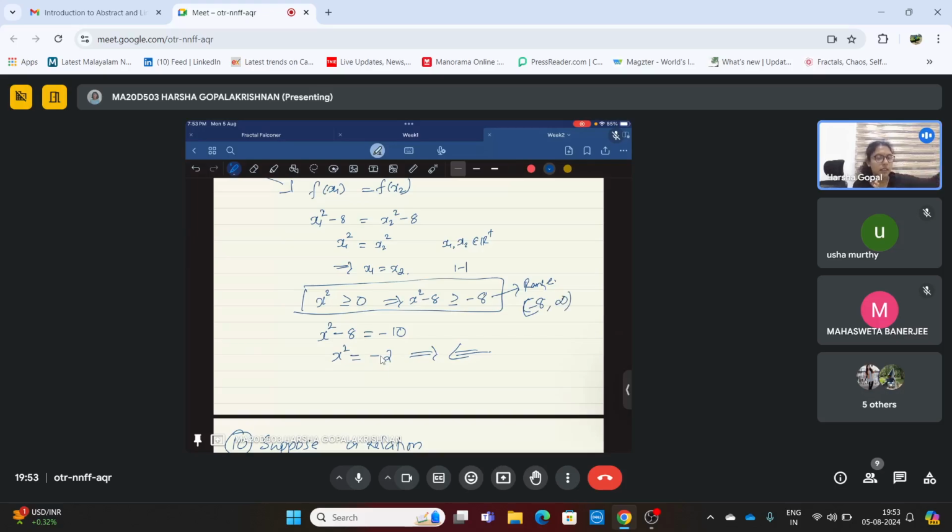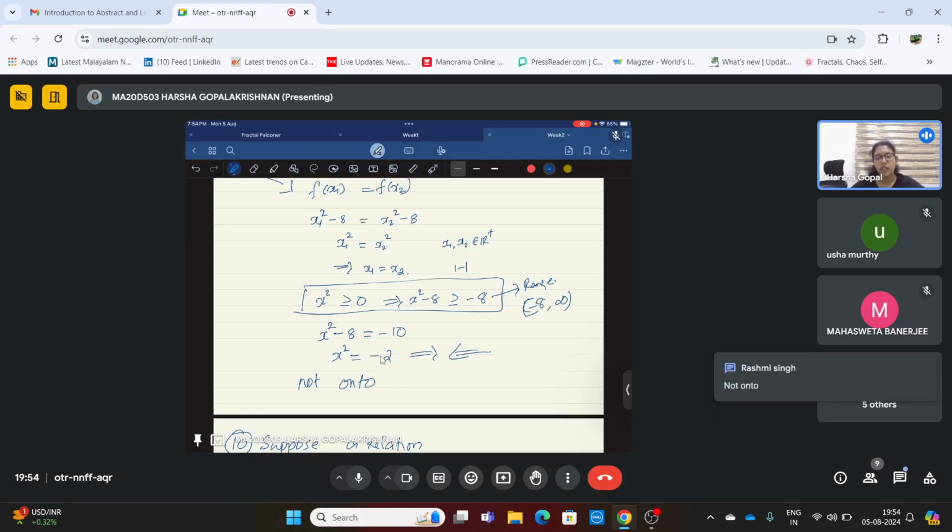That means from minus 8 to the whole real number line on the right side. So on the left side, those elements in R do not have a pre-image under this map. For example, minus 10 is not in the range, correct? In that case, what we can say is that it is not an onto map.